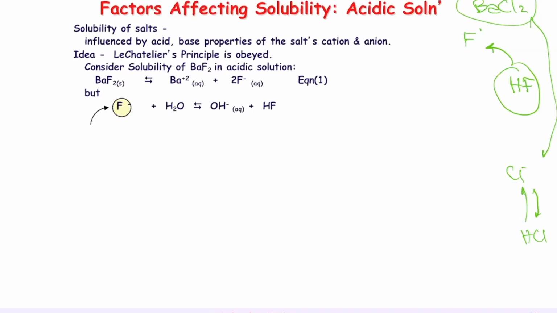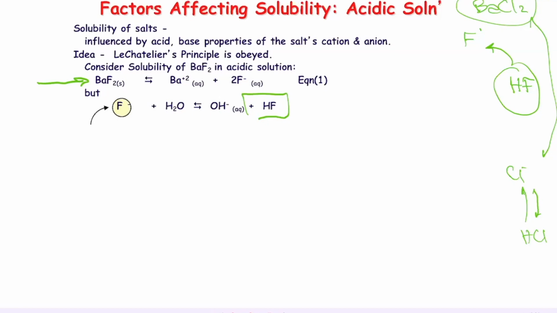So if we have fluoride and we want to see whether or not we can increase the solubility of that salt in water, then we can do a little bit of acid-base chemistry. We can see that fluoride will react with water and form HF. You know that HF is an acid.